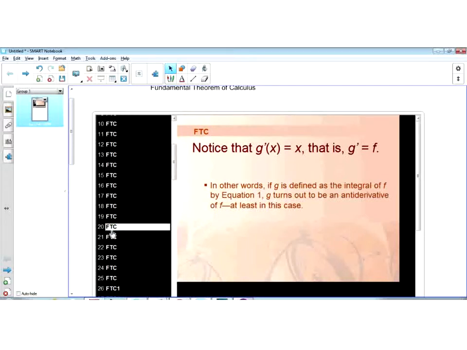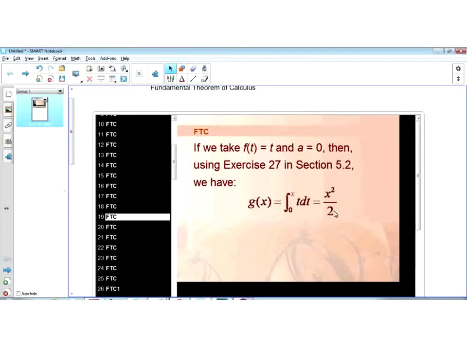So the derivative of g is x. That is, if we take the derivative of g, using the power rule for differentiation, that would be x, which also happens to equal, if we consider this function t as f of t, so if f of t is equal to t, then f of x, of course, is equal to x.